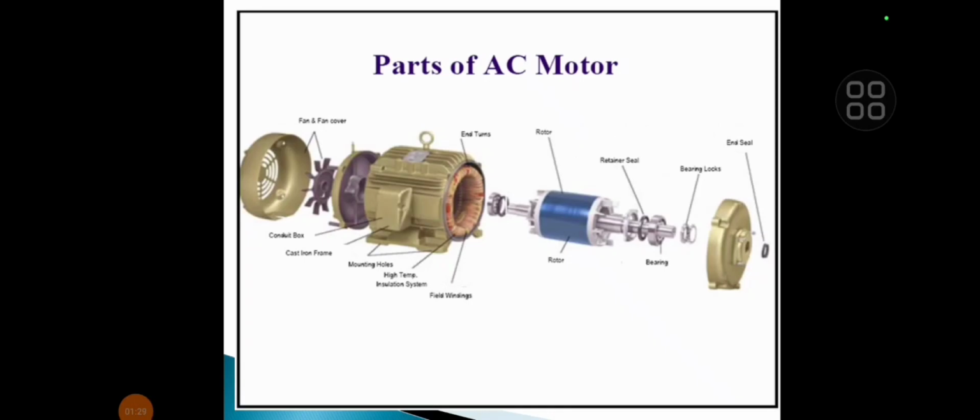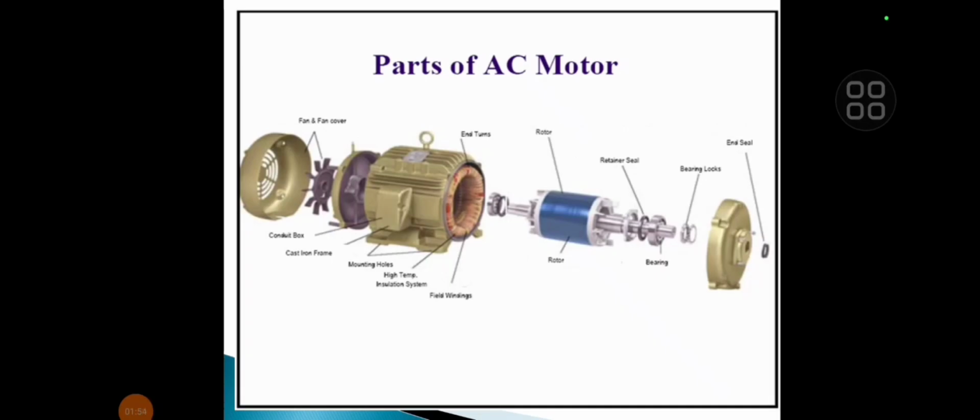The stator is placed inside the main body which is called yoke of the machine, and the yoke is made up of cast iron and the function is to protect all the internal parts from dust, dirt and other external parameters.